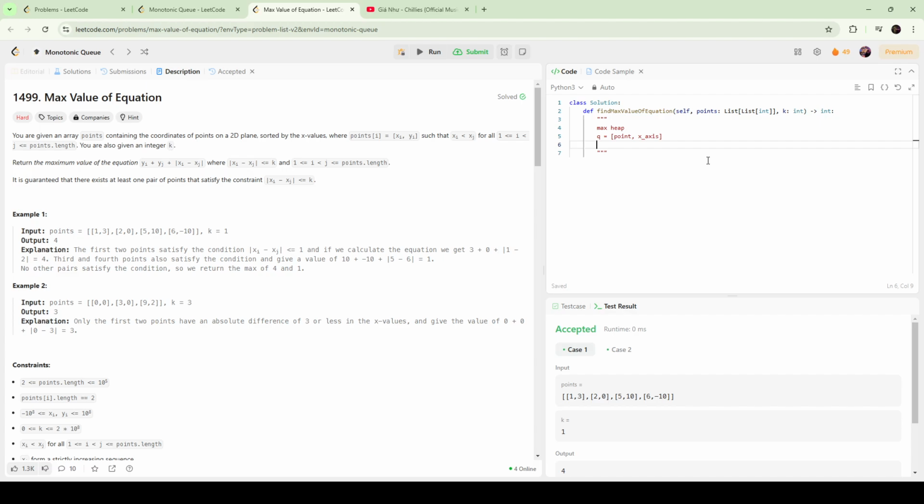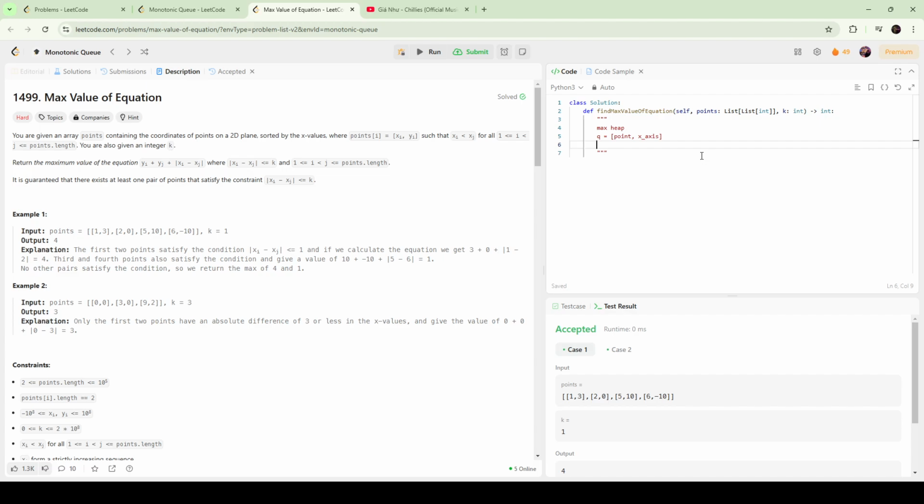For each endpoint, we are going to find the point that yields the largest value and has a validated x-axis. And if it's not a validated x-axis, then we are just going to pop it out.